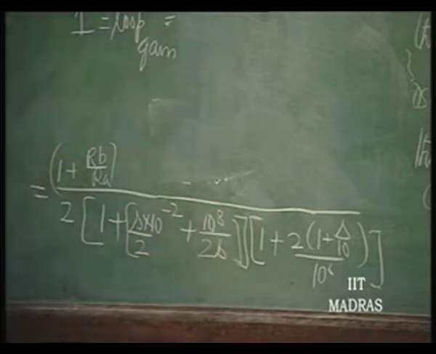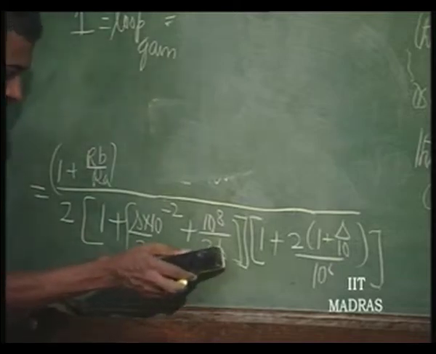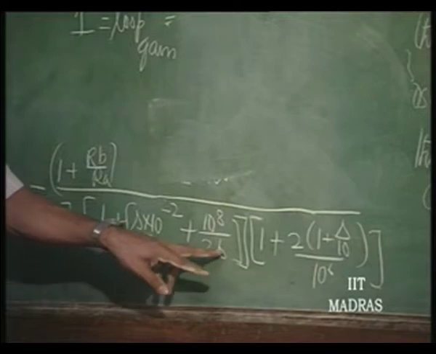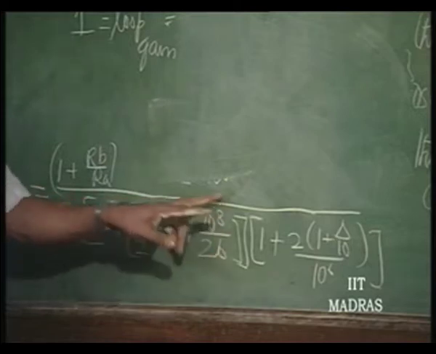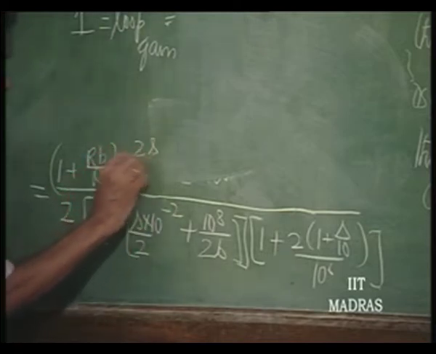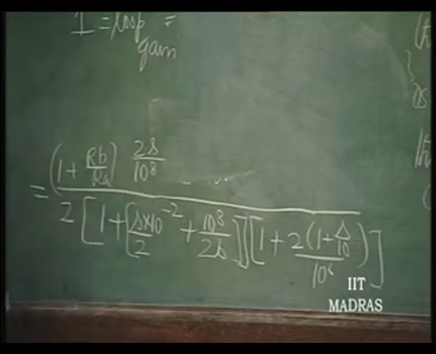I have earlier in the case of filters explained to you how to normalize this whole thing, right. So, that we get this as, now I can multiply this, there is a 2s factor here, this factor has to be made equal to 1. That means, I multiply the whole thing by 2s by 10 to the power 8.